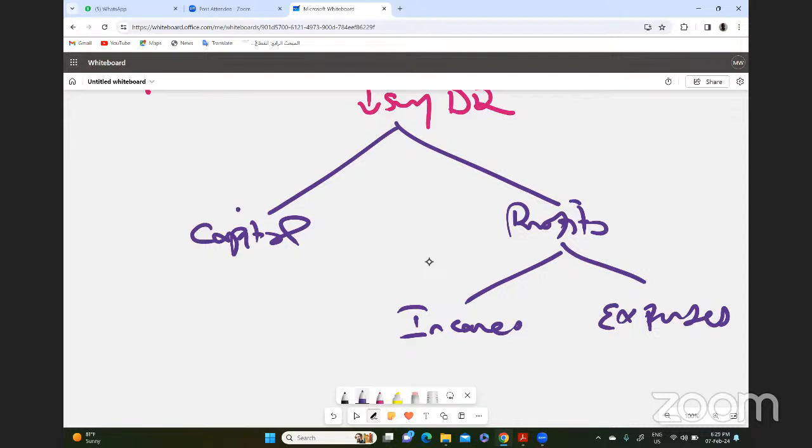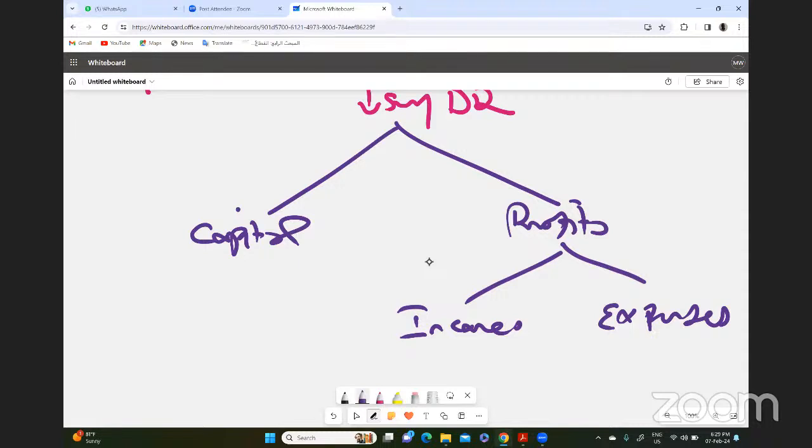Now, this is where some bit of logic comes in. Because we said equity is a claim, and equity will increase by crediting, not so? And it will reduce by debiting. Now, capital, when you put in more capital, equity increases, not so? And if you make more profit, equity does what? Equity increases.